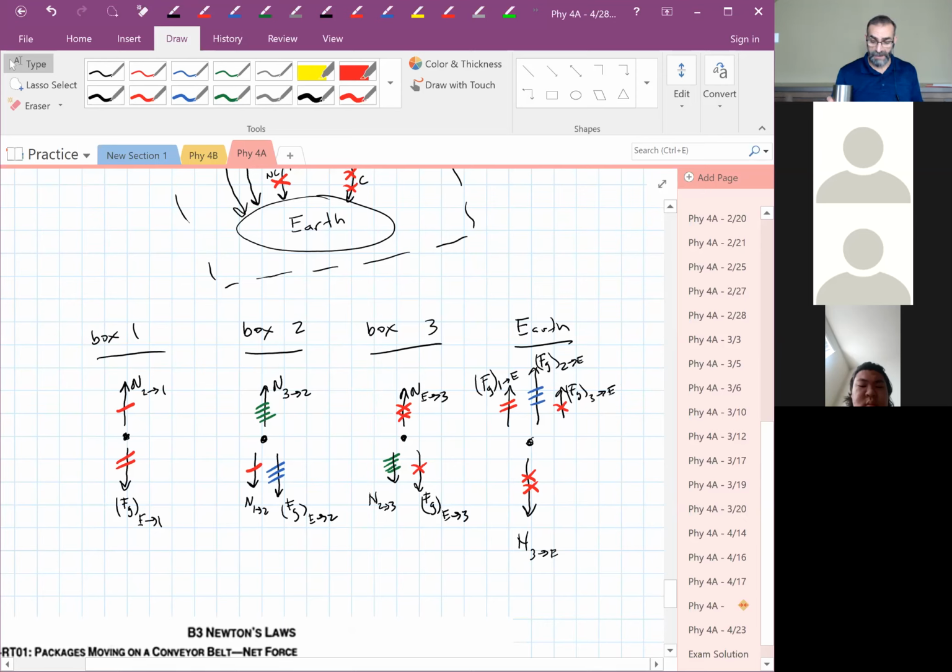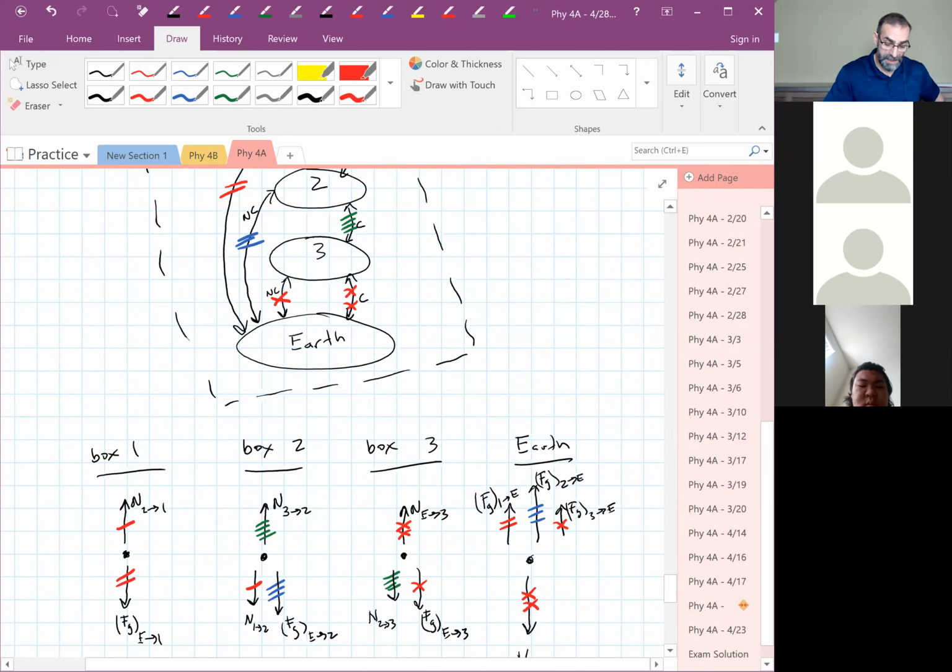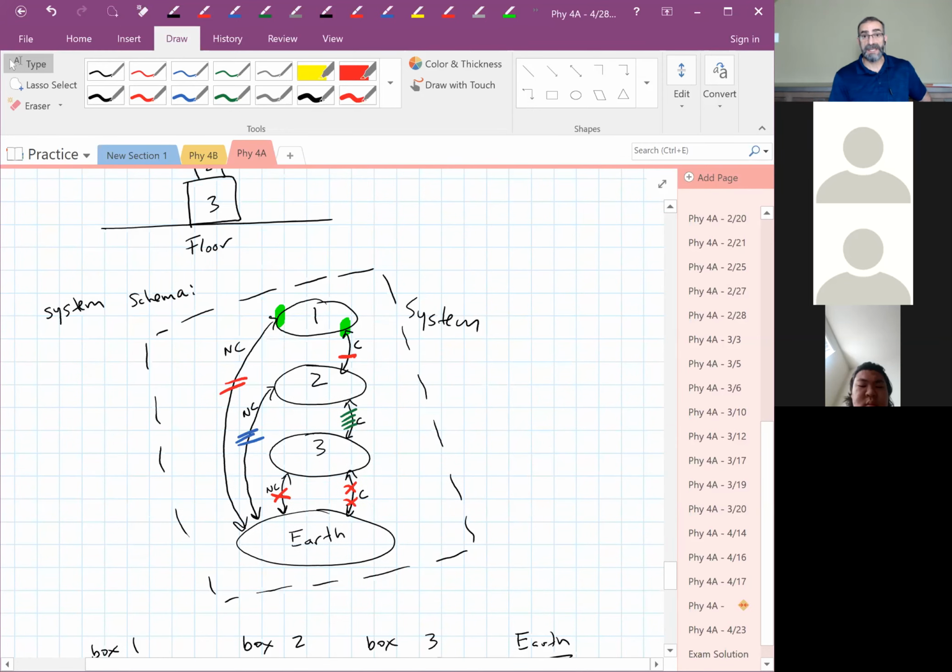The question is, does that only work if the system's at rest? No, it works all the time. The boundary. Oh, so the boundary is your choice, right? How you define the system is up to you, but it changes how you solve the problem when it comes to using energy to solve problems.